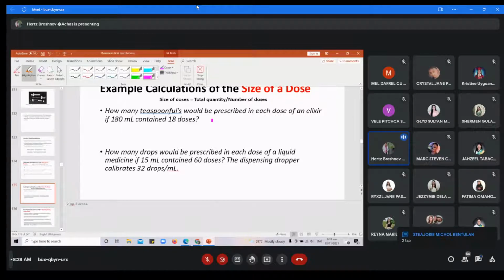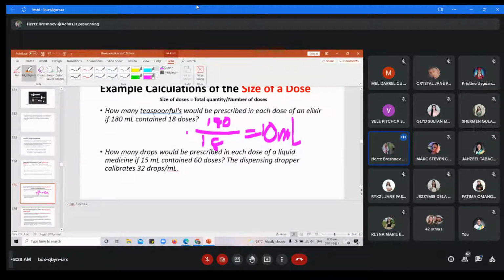Okay. So the formula is size of the dose is equal to total quantity divided by the number of doses. Now the total quantity here is 180 and the number of doses is 18. And then you simply divide that, you will get 10 ml. Now the question here is in terms of teaspoon, no?